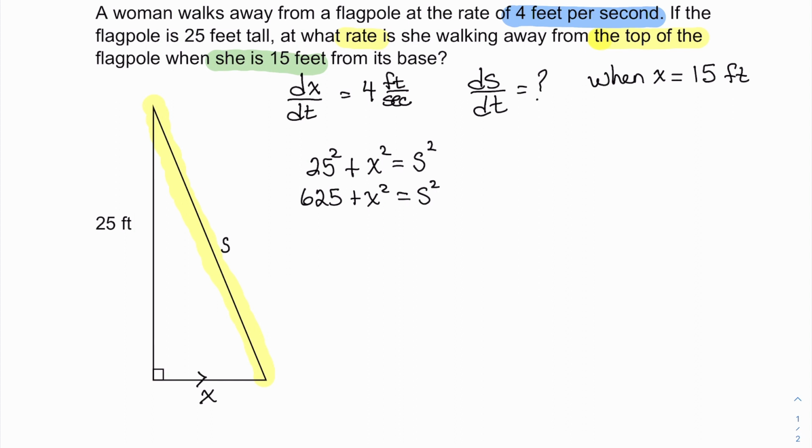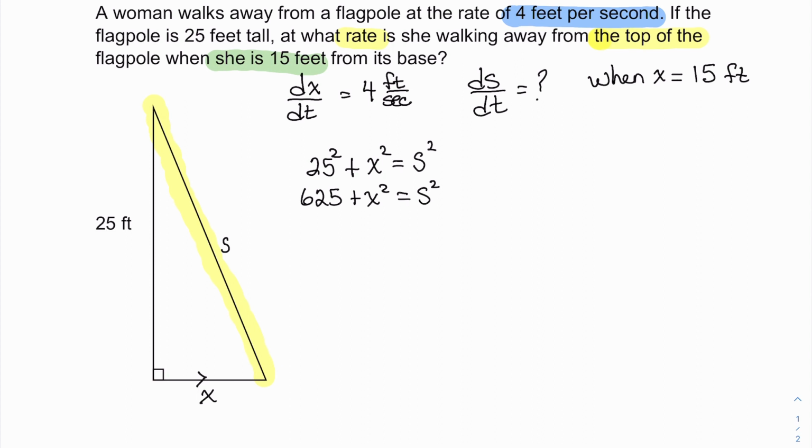And we can go through and find our derivative now with implicit differentiation, where x and s are both dependent variables on the independent variable of time t. We know that because of the way our derivatives are set up: in dx/dt, x is dependent on t, and in ds/dt, s is dependent on t.